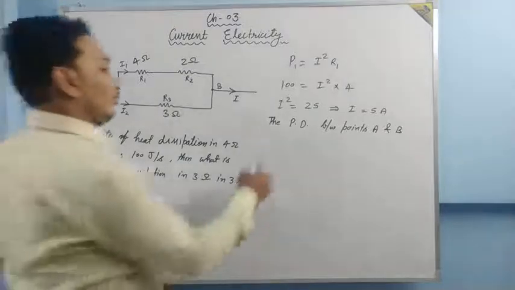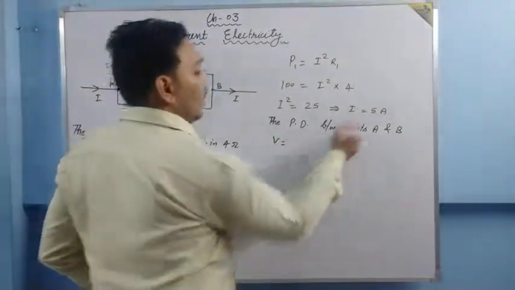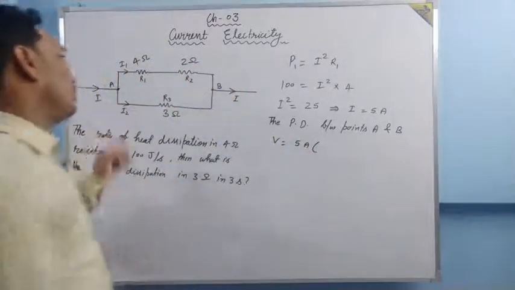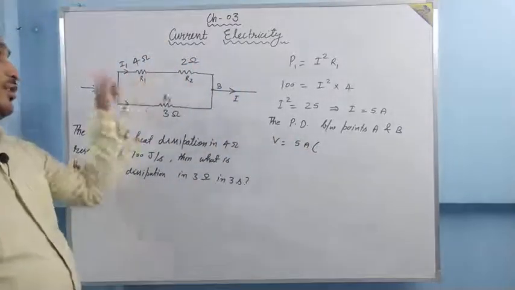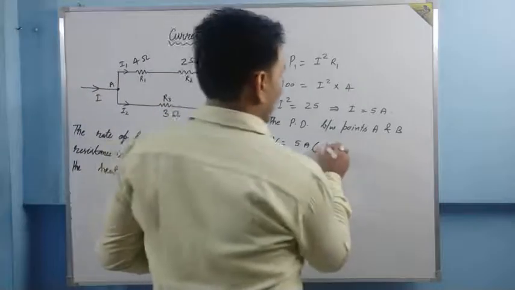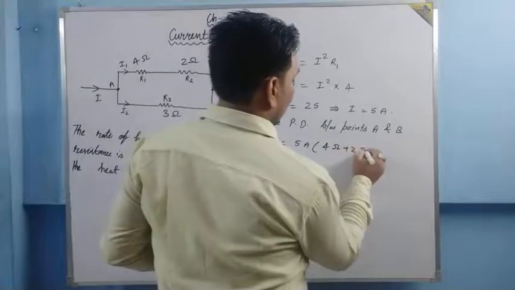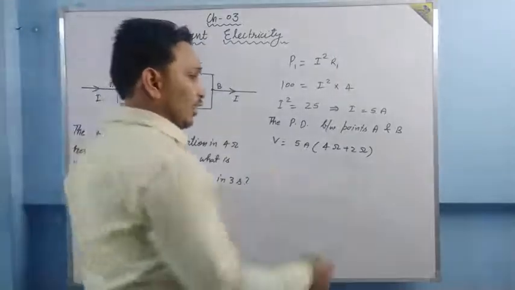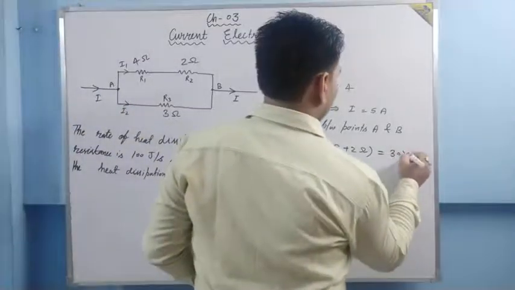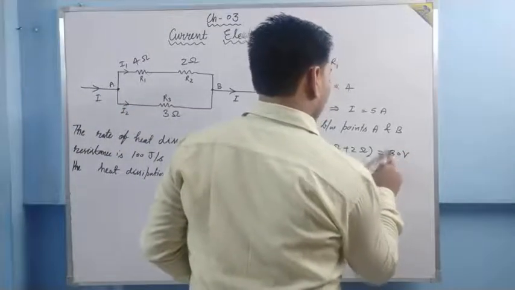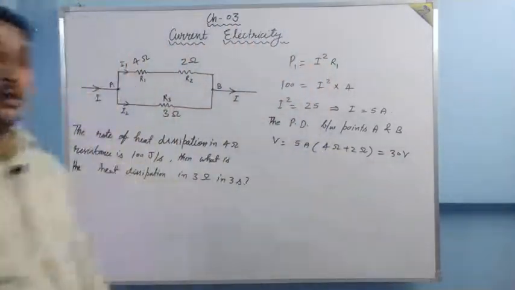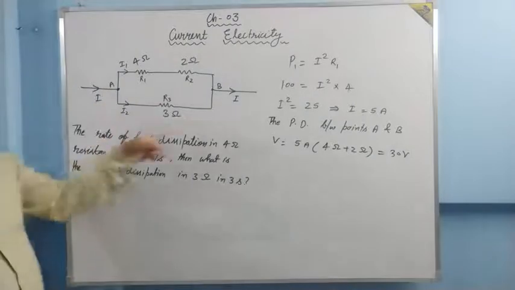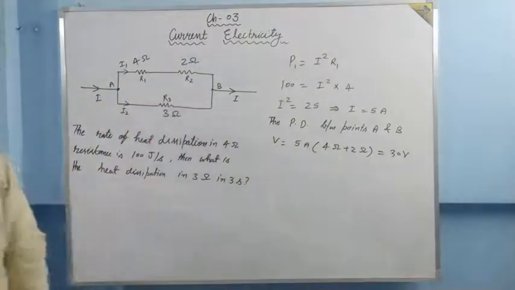It will be V is equal to current, 5 ampere, times the resistance of the upper branch, which is 4 ohm plus 2 ohm, so 6. 5 times 6 is 30 volt. And since the upper branch and the lower branch are parallel to each other, definitely 30 volt will be the voltage across the 3 ohm resistance also.